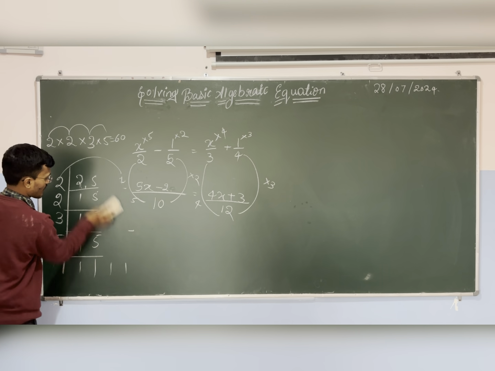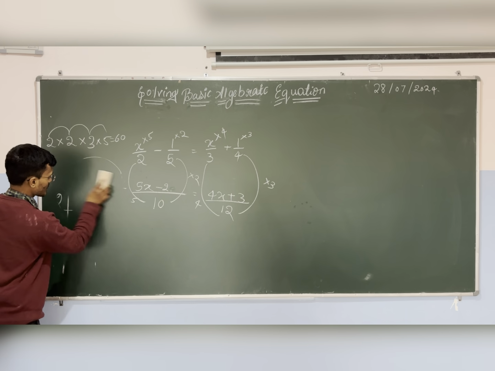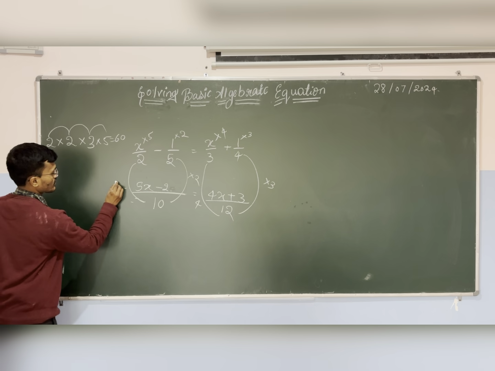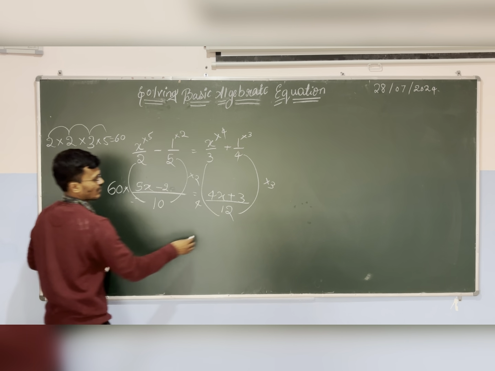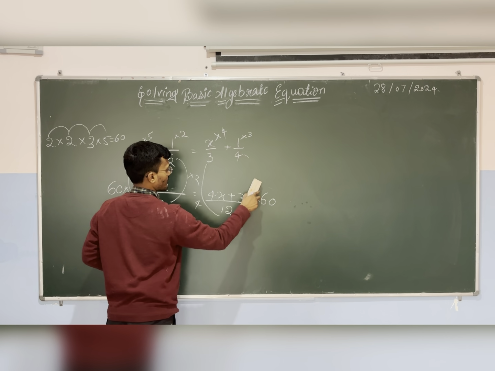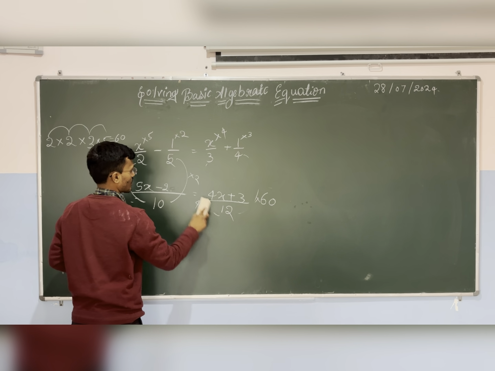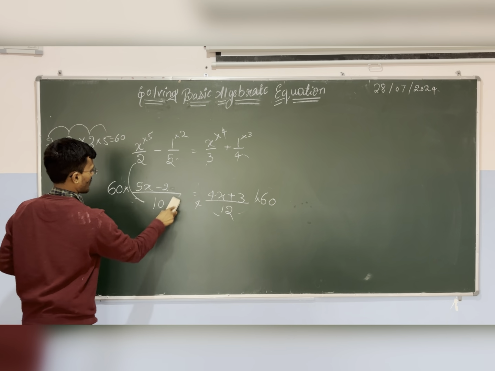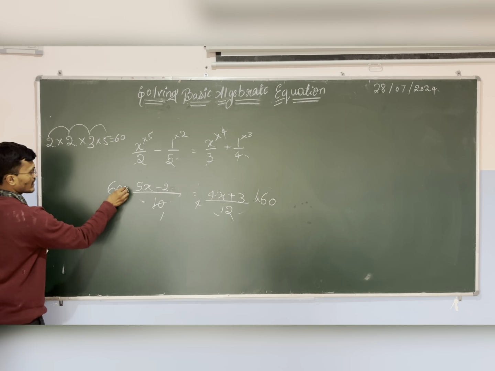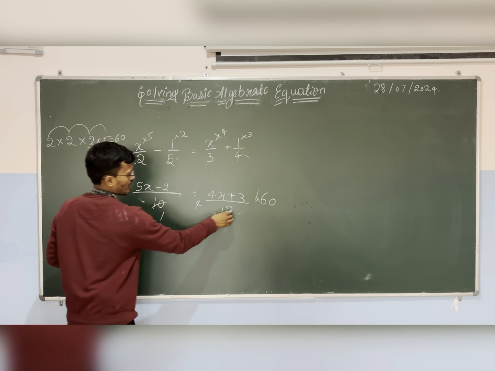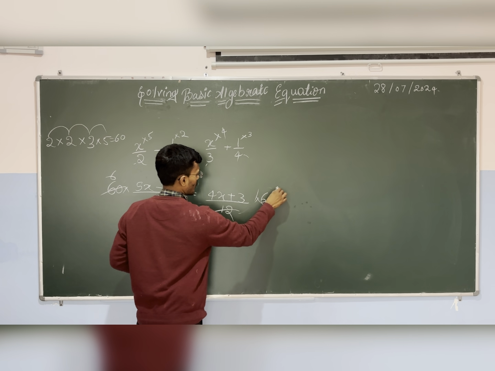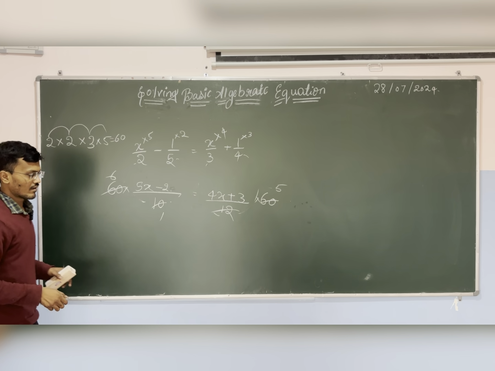And next here we need to multiply by 60 on both the sides. So 60 on both the sides. 6 1s are 10, 10 ones are 10, 6 are 12, 5s are 12, 5s are.